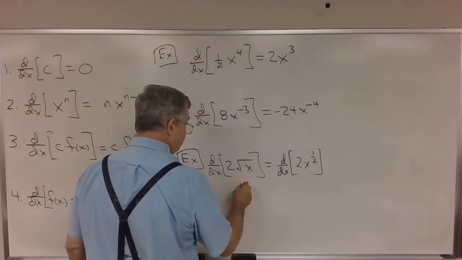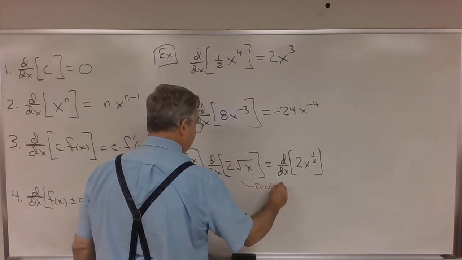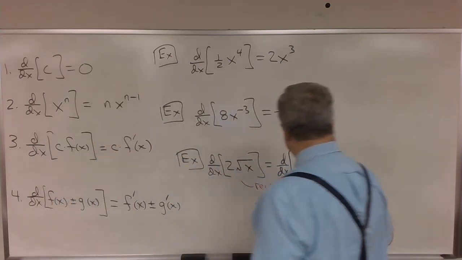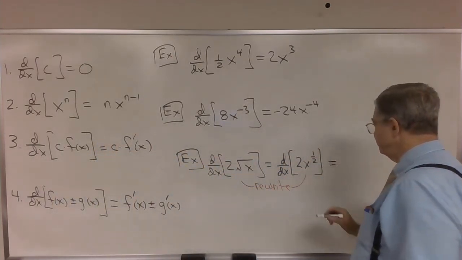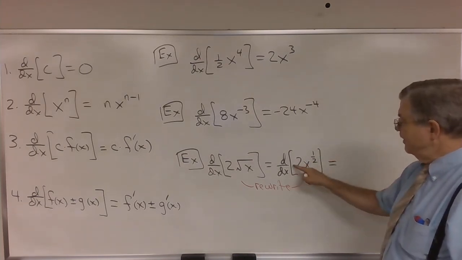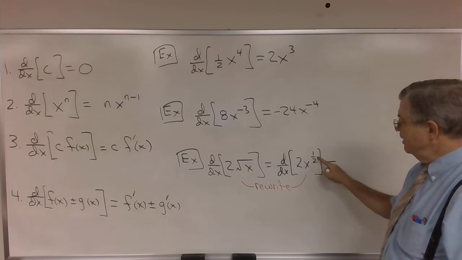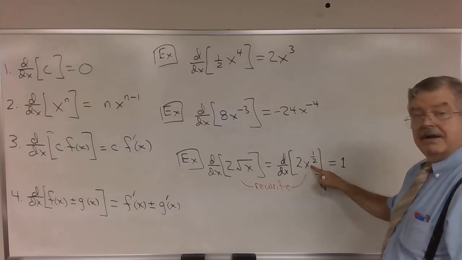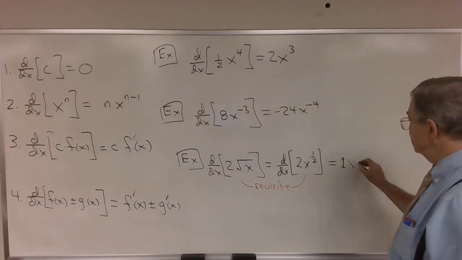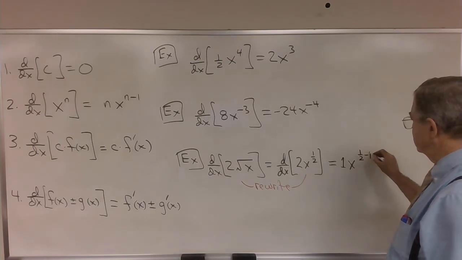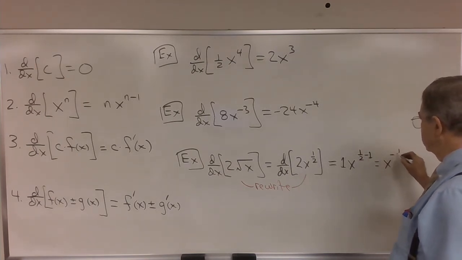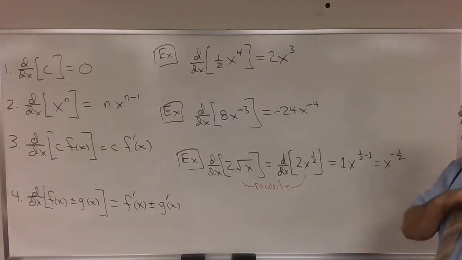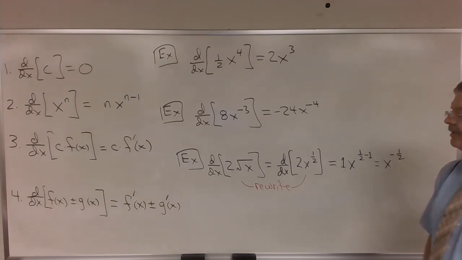Besides, this word is one of my favorite words. Rewrite. Okay, how are we going to do this? Bring the exponent down front and multiply it by the constant. So we'll have 1/2 times 2 is 1. And then what? Subtract 1 from the exponent. There we go. We are gaining by leaps and bounds.